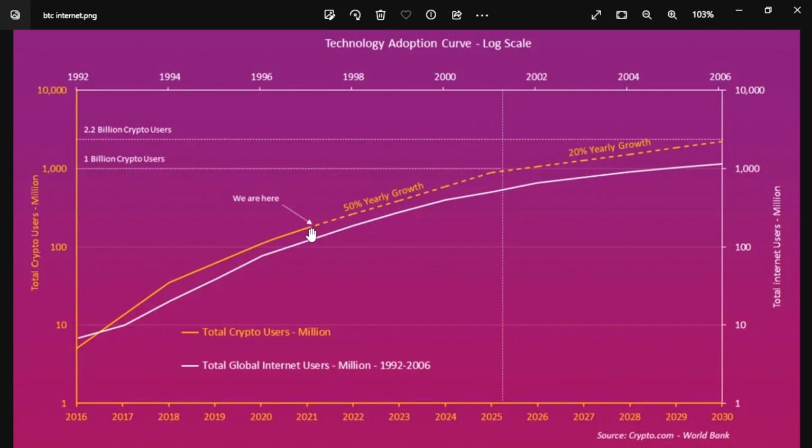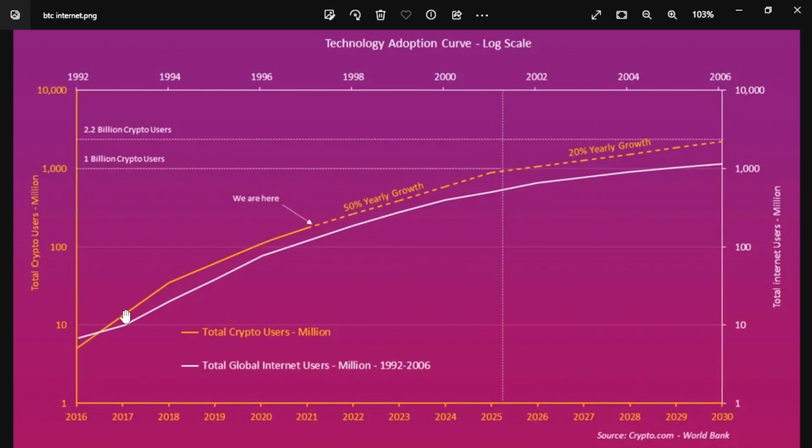So looking at Bitcoin now in orange, we have the same scale on the right with millions of users. We see the numbers line up, 1,000, 100, etc. And then we have the time on the bottom, starting from around 2016, so it doesn't have the data going all the way back. But we can see there were 10 million users of Bitcoin in 2016, and then 100 million users of Bitcoin in 2019.